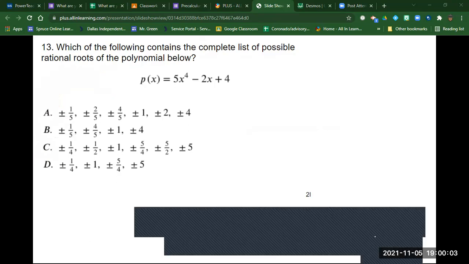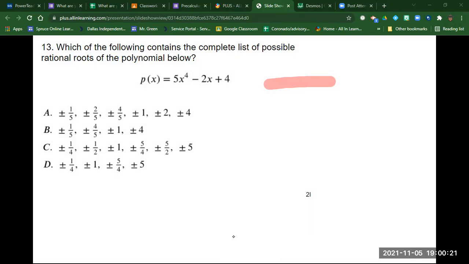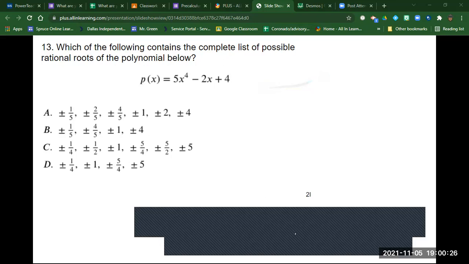All right. Which of the following contains a complete list of possible rational roots for the polynomial? All right. We are looking for fractions that have the numerator to be factors of 4.